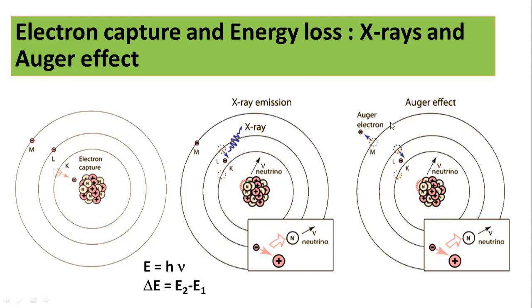So this Auger effect is associated with the X-rays produced from the innermost shell, the electron moving from the L shell to the K shell, and if it has sufficient energy to further remove the electron from the M shell, this process is called the Auger effect, and the electrons are called the Auger electron. So this is the process. X-ray emission or the Auger effect is associated with the electron capture.